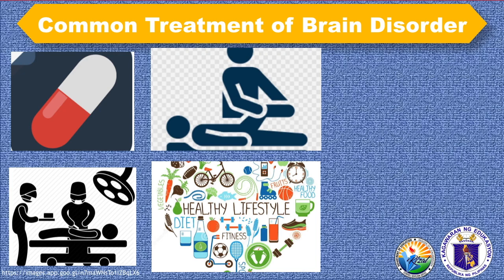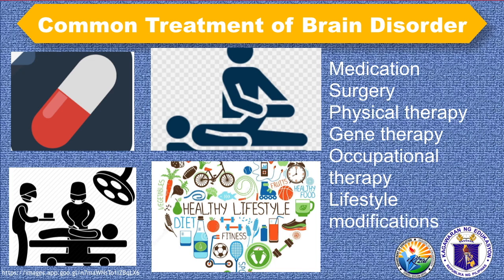All right, so we've already identified some common ailments or disorders in the brain. Now, we will study what are the practices or what are the treatments in order for us to protect our brain from these disorders or from these diseases. The first one is medication.